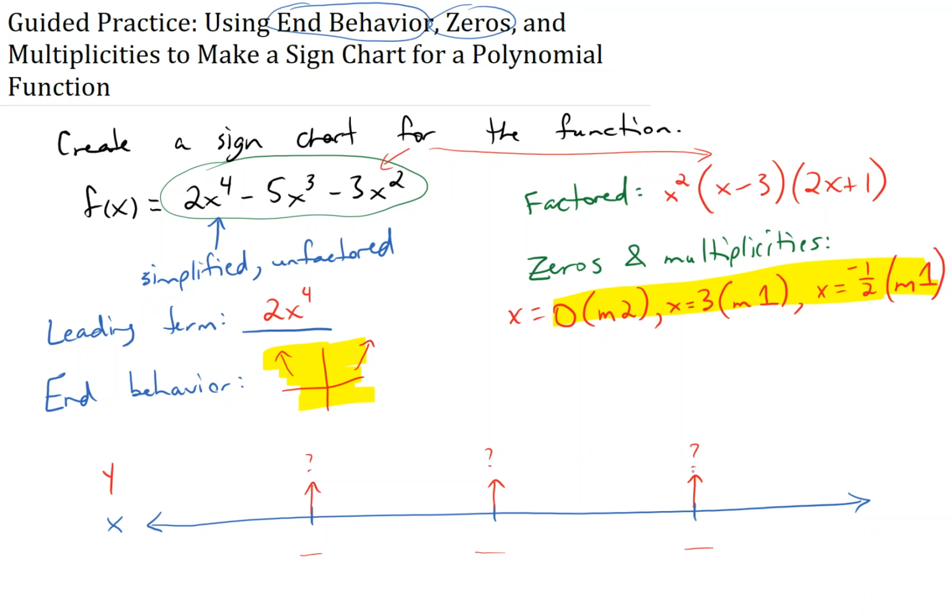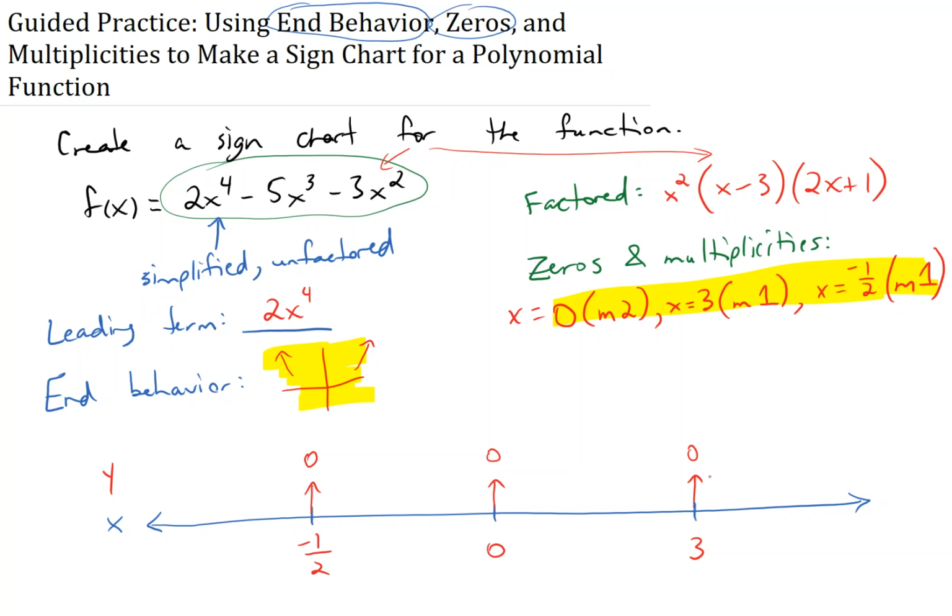So calculate the y values for each of the x values you've got. Why don't you pause the video and get those answers and come back and check. Okay, so the first x value is -1/2, the next one is 0, and the next one is 3. And the y values for all three of those x values is 0. So then you should have those answers.